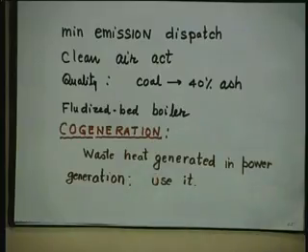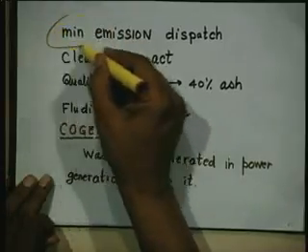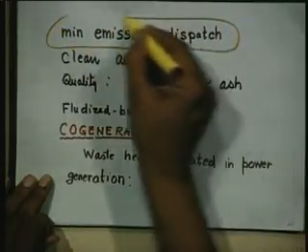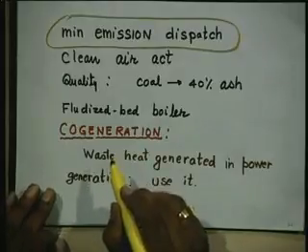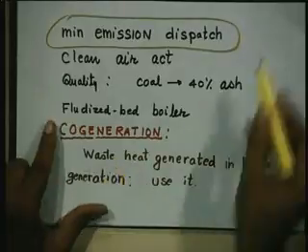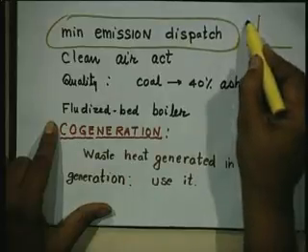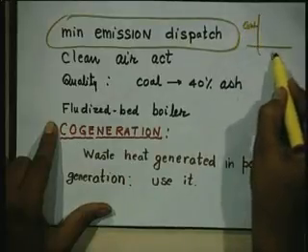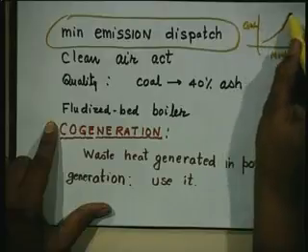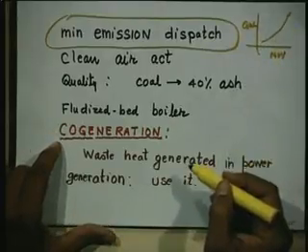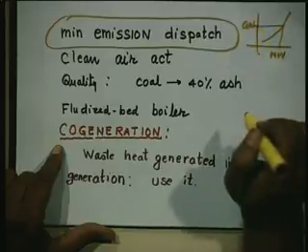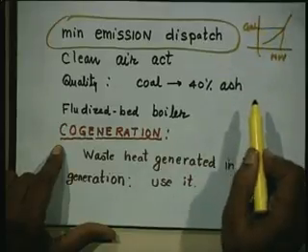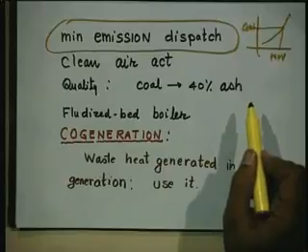Minimum emission dispatch. What do you understand by minimum emission dispatch? When we do economic operation of a power system, what do we do? We minimize cost versus megawatt. This is the cost curve, and we see that we operate at that megawatt having minimum cost. That is called economic dispatch. I talked about it while talking about load forecasting.